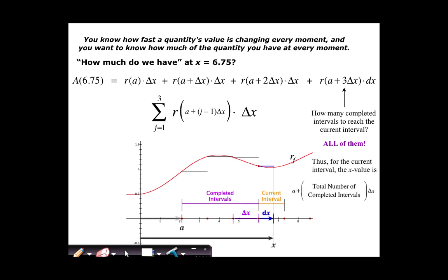So I need a plus how many complete intervals there are times delta x, to make this more general. This is specific to this problem. What if I said, go through x equals 47.2? Well, I don't know how many intervals there are, but if I could figure that out, it'd be a plus however many complete intervals there are times delta x as the input here.